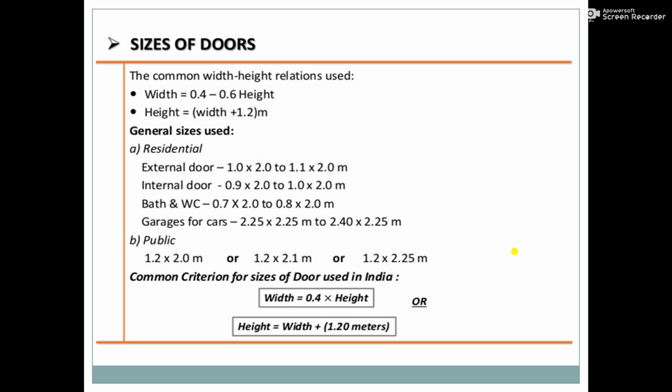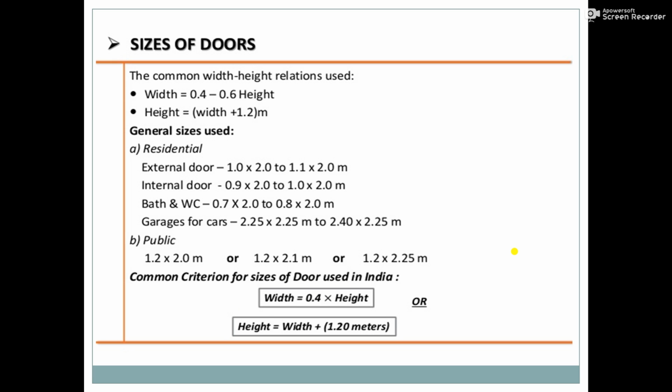Then the general sizes used in the structure. For residential purposes, an external door should be 1 by 2 or 1.1 by 2 meters. An internal door should be 0.9 by 2 to 1.0 by 2 meters.